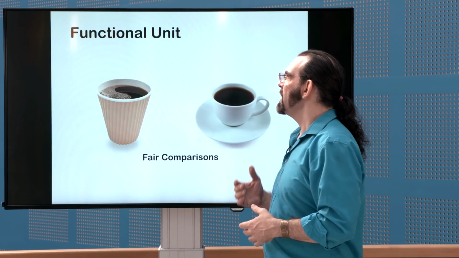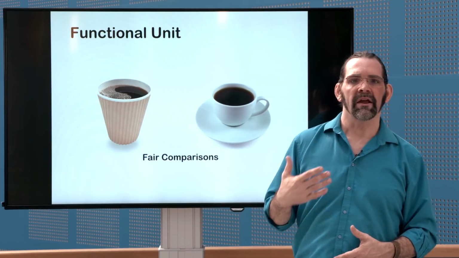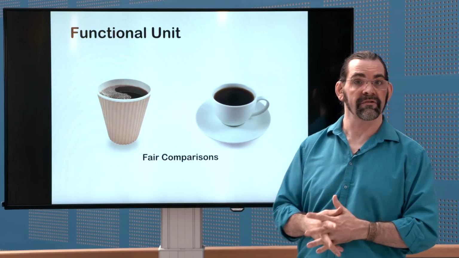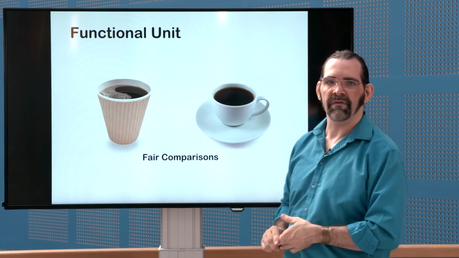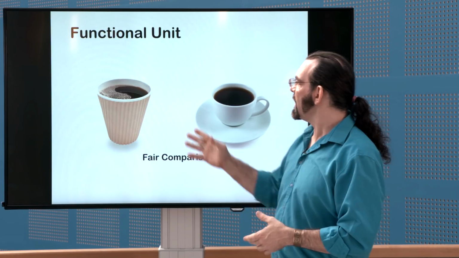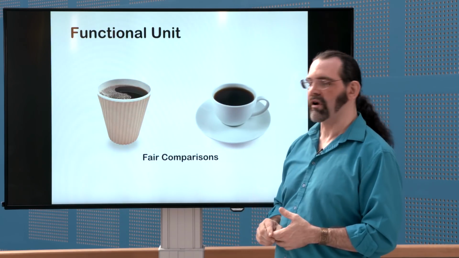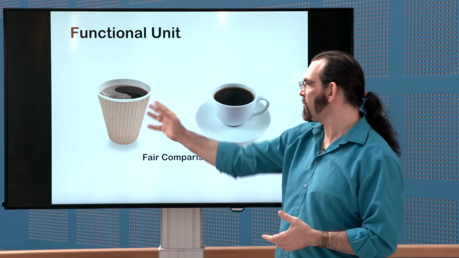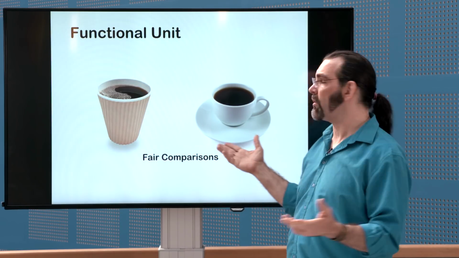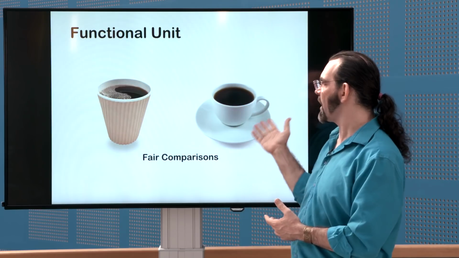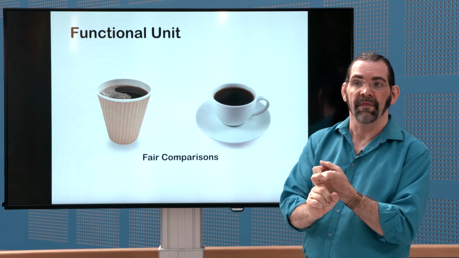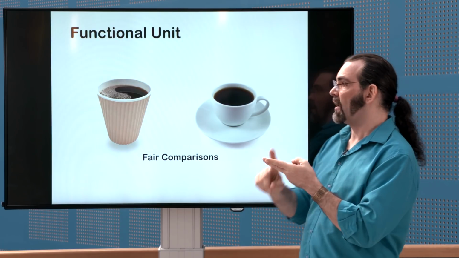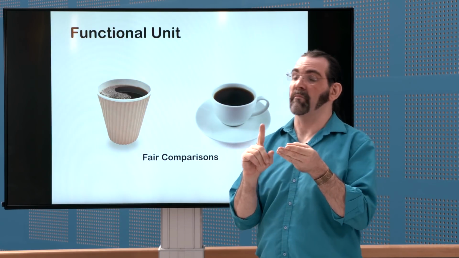So then there is the functional unit. How do you make fair comparisons? So if I were doing an LCA of a coffee cup, the environmental impacts required to make this paper cup are way smaller than to make this ceramic mug. There's less material that is extracted, there's a lot less mass, there's less manufacturing.